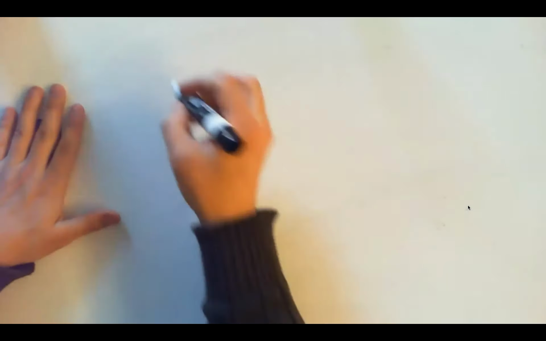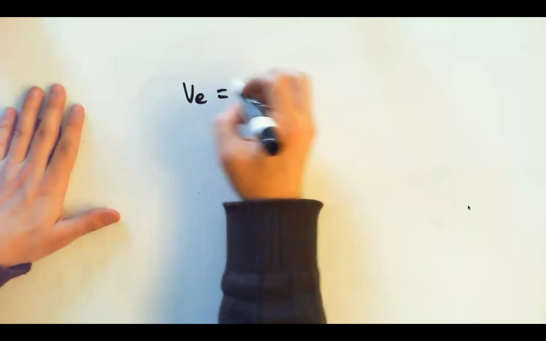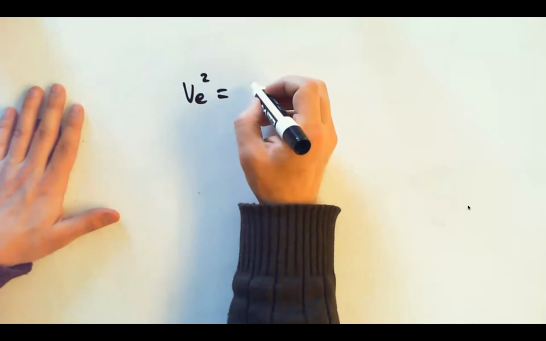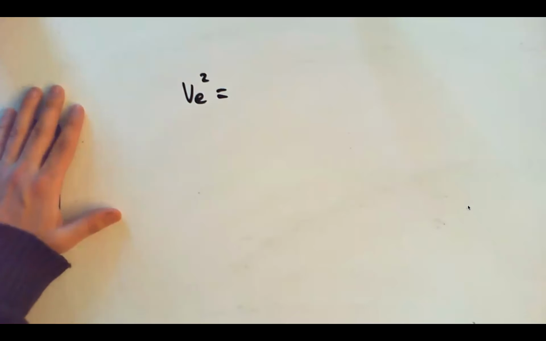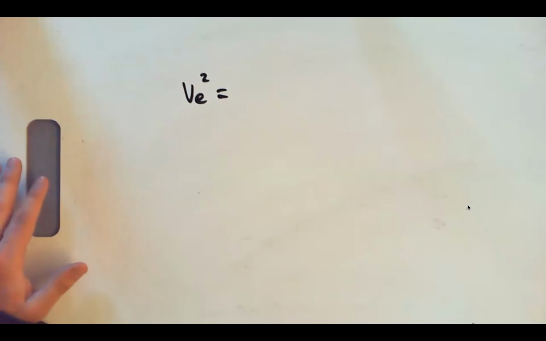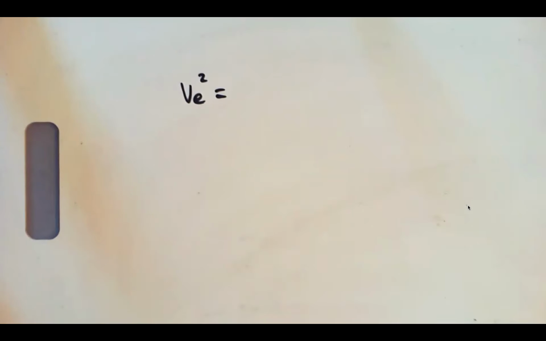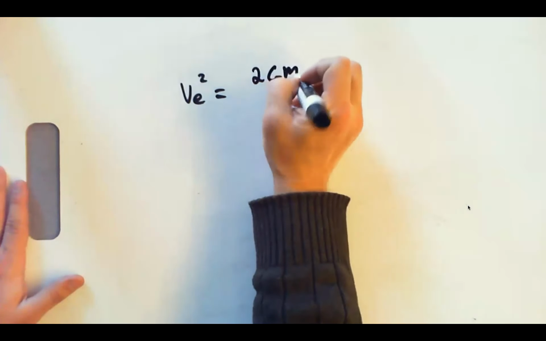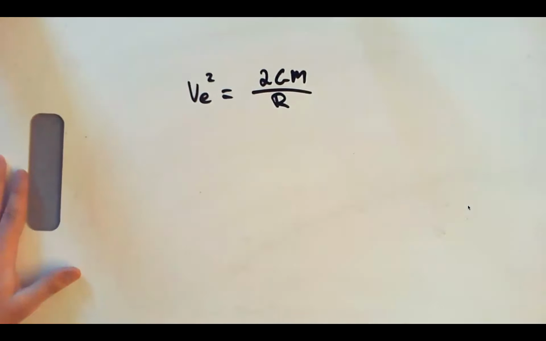Great. We know that the escape velocity squared is, sorry, 2GM over r. I momentarily forgot if there was a 2 there or not. I had to go look it up.